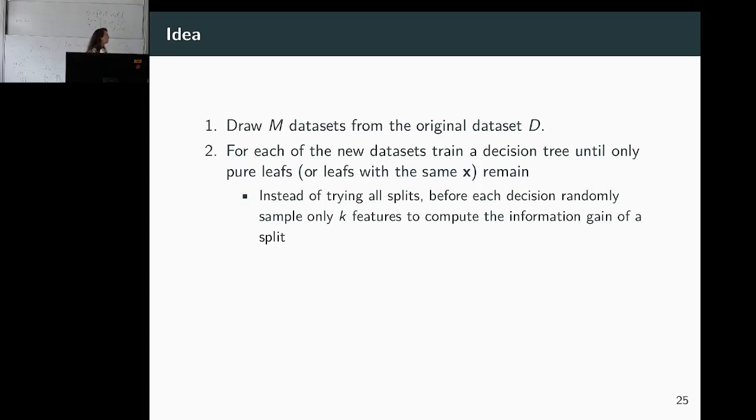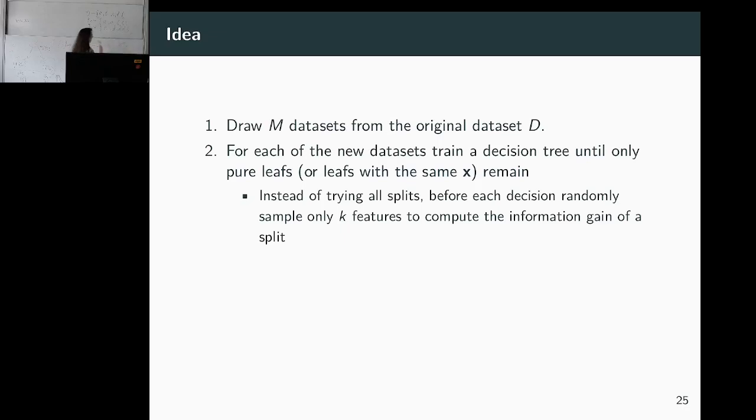So this is another variation. Bagging was already a variation, but for random forests, they vary even more. They say we're not deciding on all our possible features, but for each decision, we will randomly draw k features and compute the information gain only on those. So we ignore the others and split based on that.